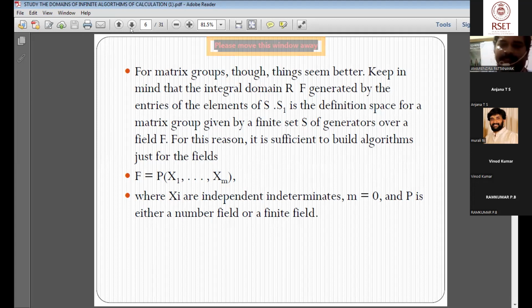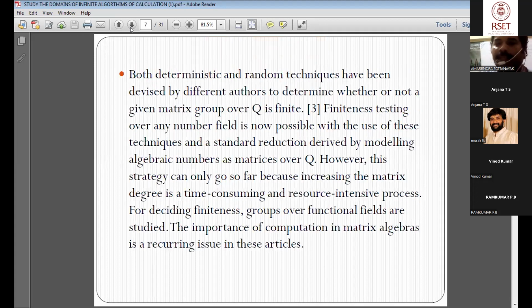Both deterministic and random techniques have been devised by different authors to determine whether or not a given matrix group over Q is finite. Finiteness testing over any number field is now possible with the use of this technique and the standard reduction delivered by modeling algebraic numbers as matrices over Q. However, this strategy can only go so far because increasing the matrix degree is a time-consuming and resource-intensive process.